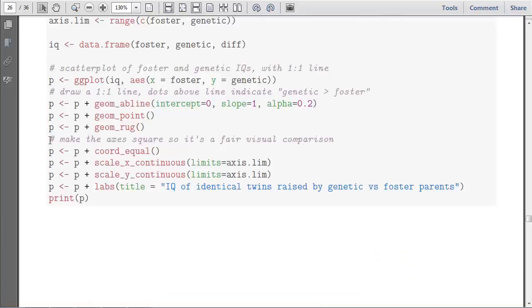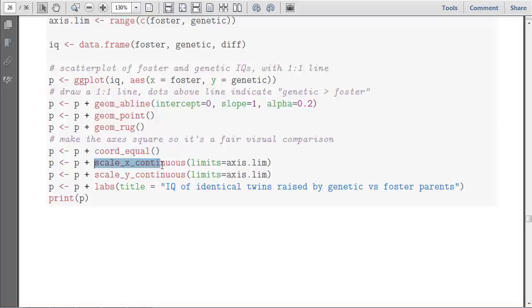And then I realized, well, to make a fair visual comparison, I really need my axes to be square so that the diagonal line is actually 45 degrees and it's not shallow, as if I had a 4:6 photograph aspect ratio, for example. So coord_equal is what sets equal coordinate tick marks, so that every inch was like 20 points of IQ, for example.